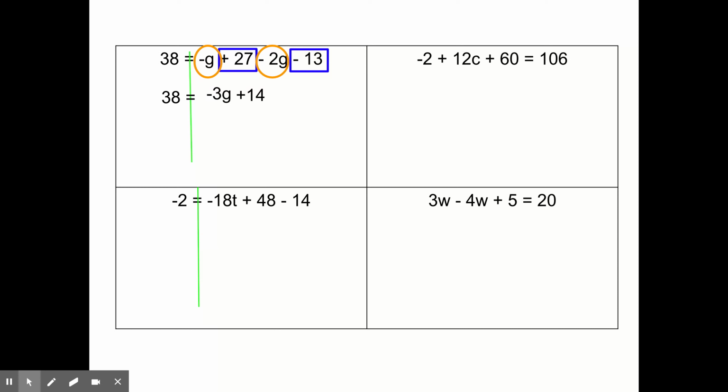Using SADMEG, no subtraction. Yes, we have addition. So to undo adding 14, we're going to subtract 14 from both sides, of course. It reduces to 0 on that side. So we're left with negative 3g. And on the other side, we have 24.